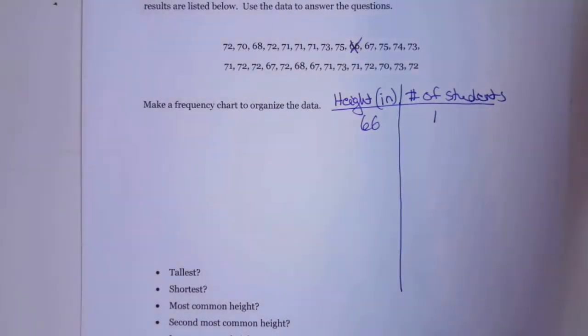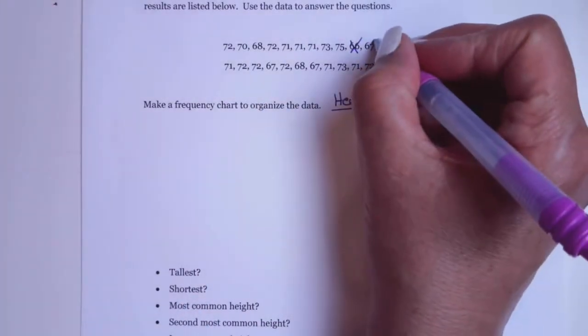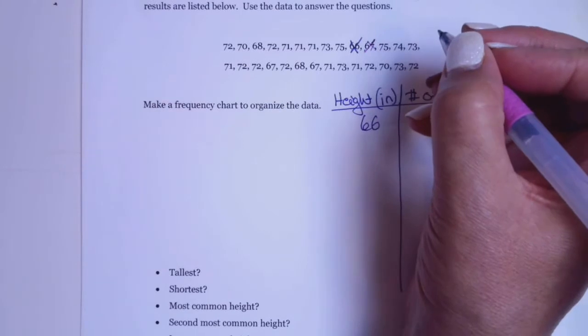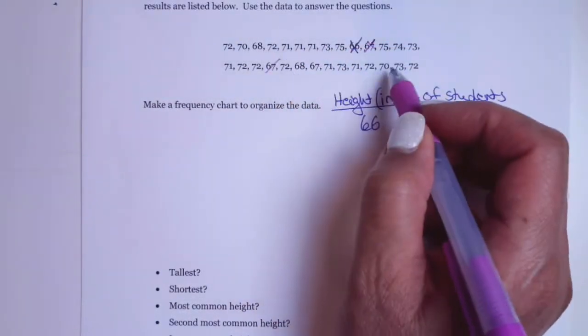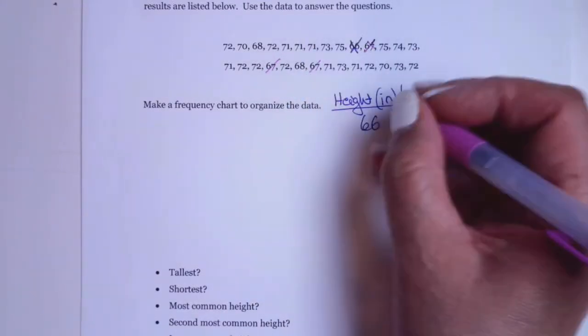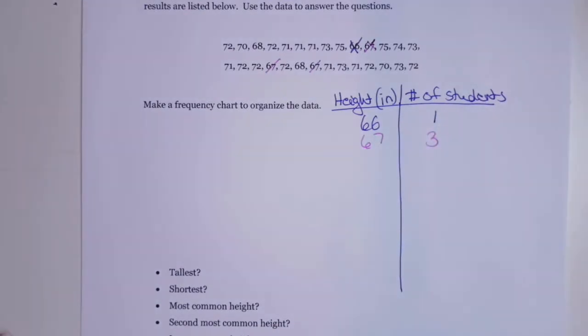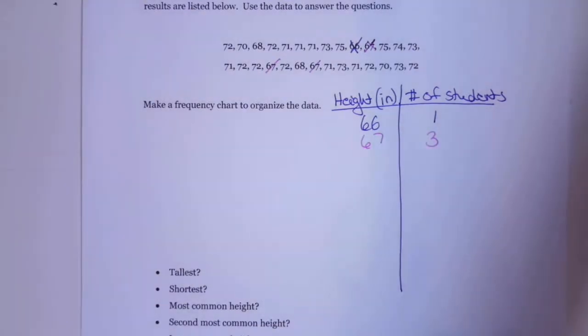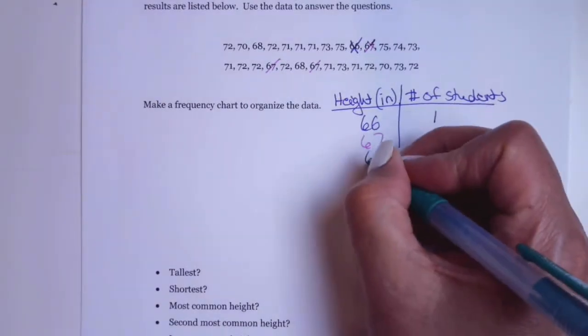So that means that we have one student who is 66 inches. Then I'm going to move on to the 67, and I'm crossing them out as I'm going to make sure that I do pick each one that is that same height. So 67, we found 3 students. That way I don't miss anything. Next one is 68.